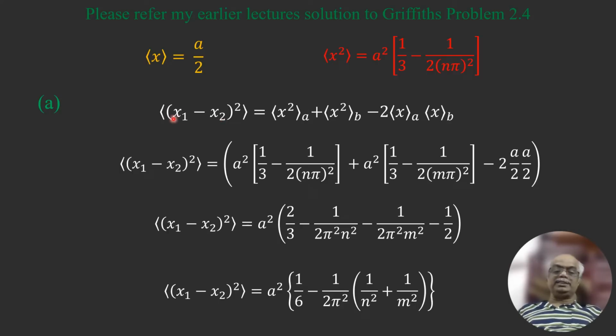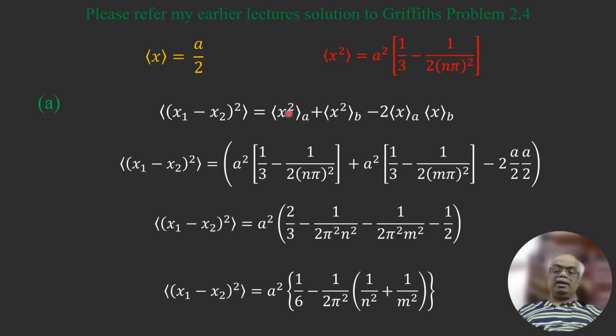That expression I have given in the introduction itself: the expectation value of (x1 minus x2) whole squared is equal to the expectation value of x squared of particle A, plus the expectation value of x squared of particle B, minus 2 times the expectation value of x of particle A and x of particle B. Now you substitute this here.